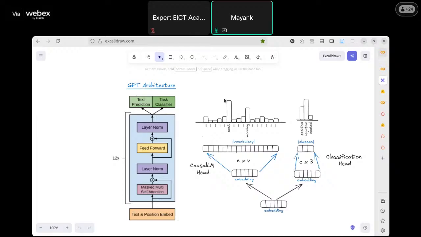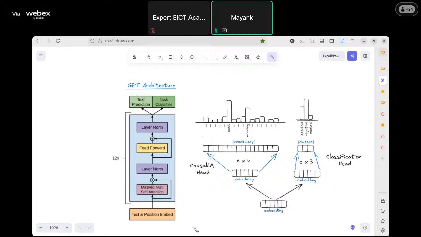In top P, we decide on a threshold for P, say 80%, and we select all those values where the total amounts to 80%, and then out of those words we select a particular word and output it. That was top P. Then we also talked about beam search and how beam width affects the number of generations, right?